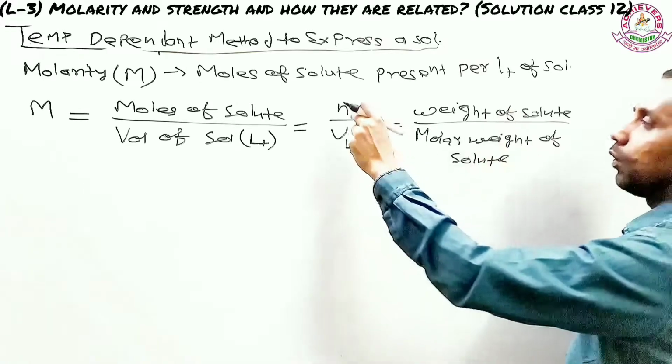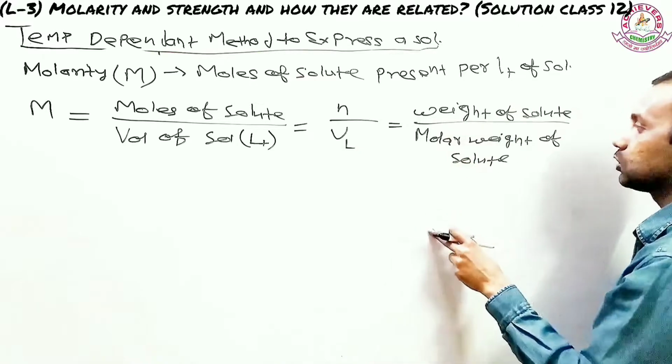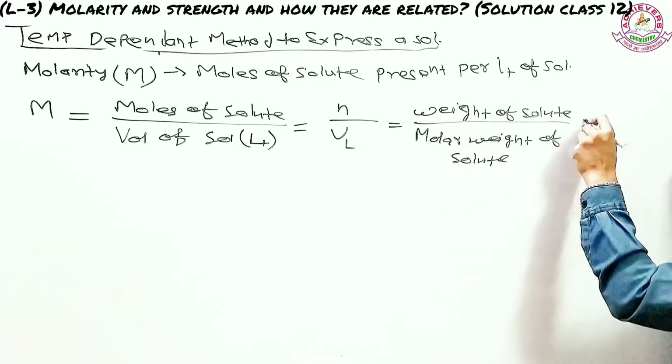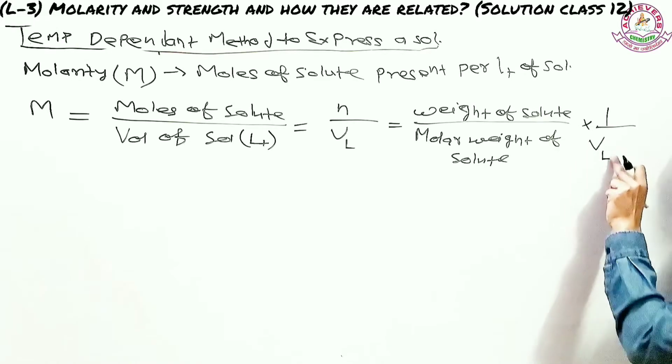So this is the formula for number of moles, right? So weight of solute upon molar weight or molar mass of solute, and divided by volume of solution in liter, right? So this is the formula.